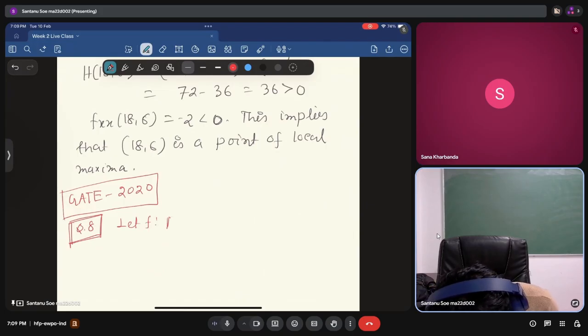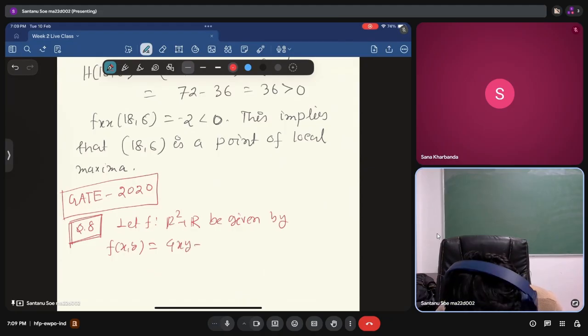Let f from R2 to R be given by f(x, y) equals 4xy minus 2x squared minus y to the power 4.